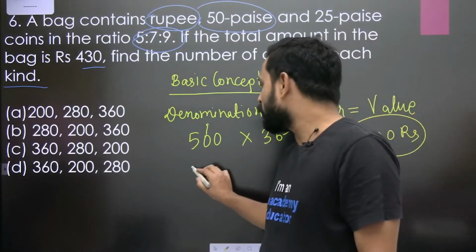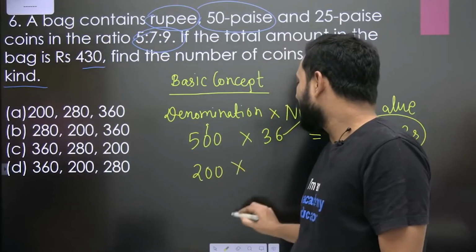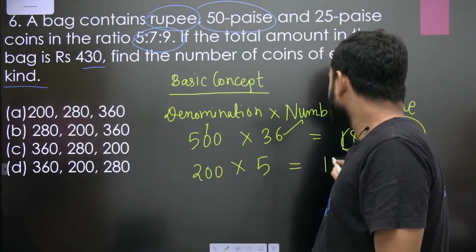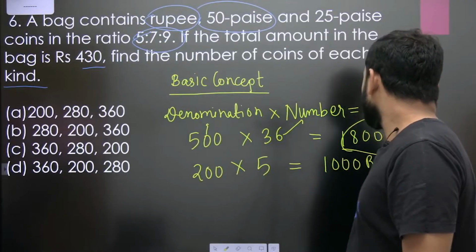Let me take another example. Suppose you have 200 rupee notes and you have 5 notes. What will be the value? 1000 rupees. So this is the basic concept.